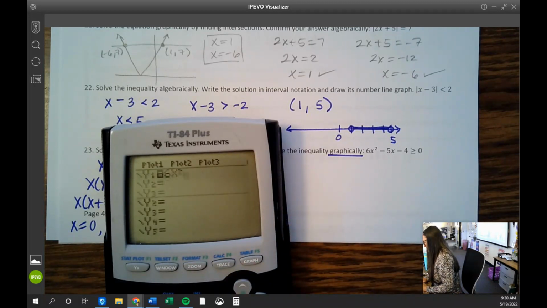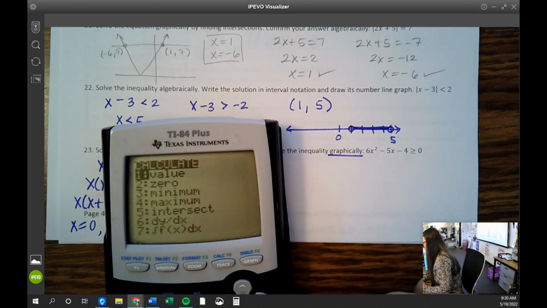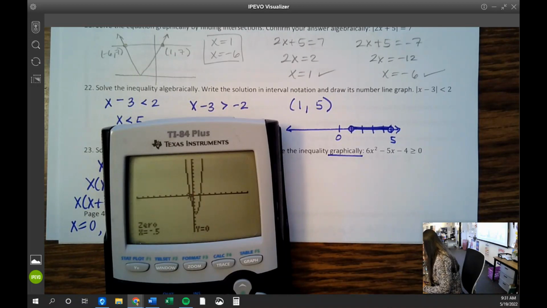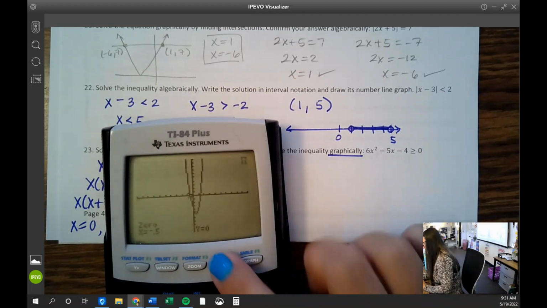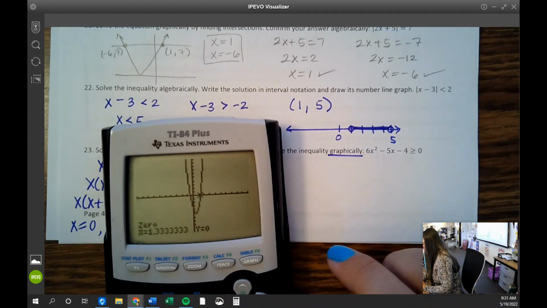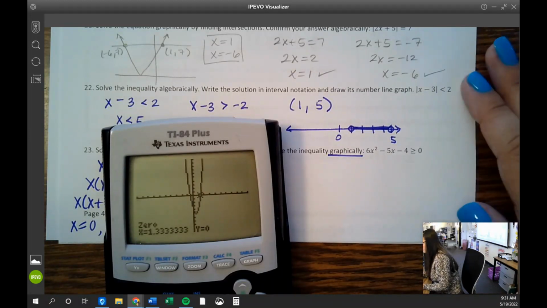Six x squared minus 5x minus 4. Graph. Okay. So I'm going to find where we hit 0, which is negative 0.5. And 4/3 essentially, right? 1.3 repeating.